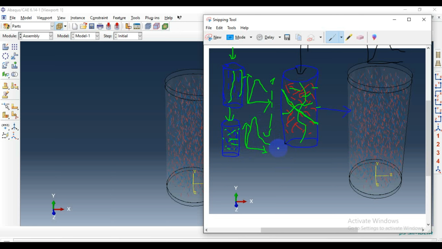Regarding the impact on toughness and resistance, if the cross-linked fibers are oriented at an angle of 45 degrees, just like we are observing here, it can improve the toughness and impact resistance of the composite by enhancing its ability to absorb energy through quick deflection and bridging phenomena.